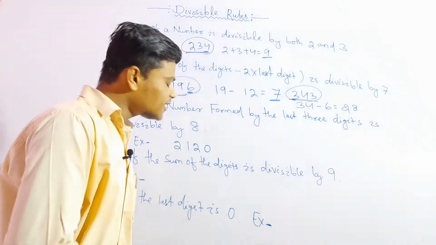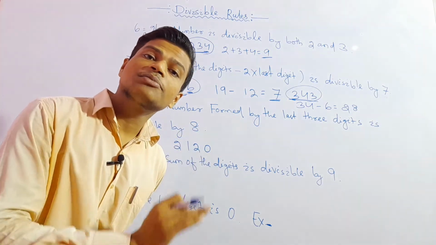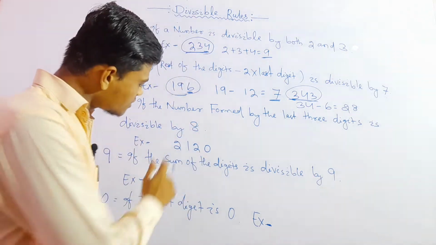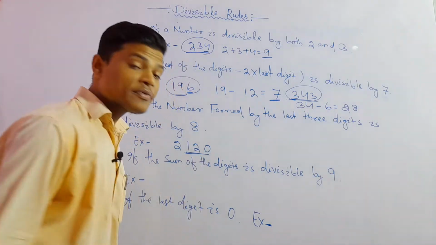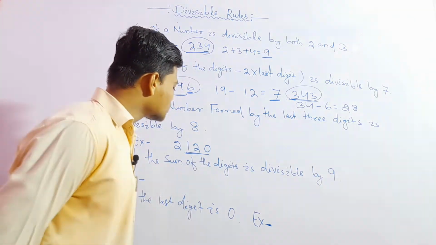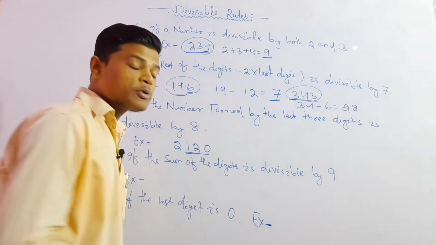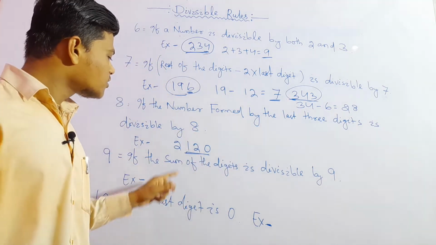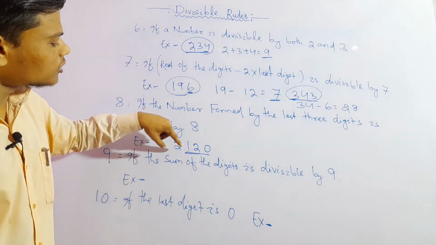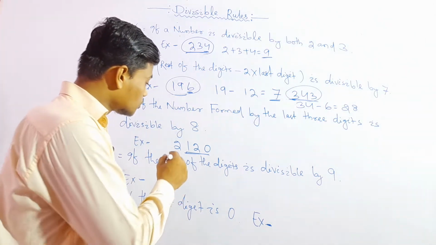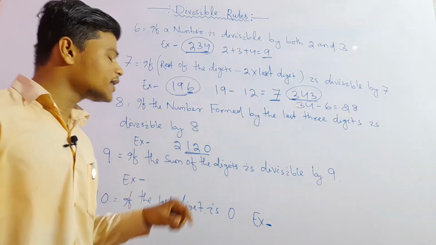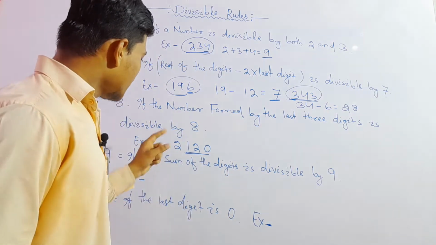Now we need to check whether 120 is divisible by 8 or not. Yes, we know 15 8s are 120, so 120 is divisible by 8. So therefore the number 2120 is divisible by 8.